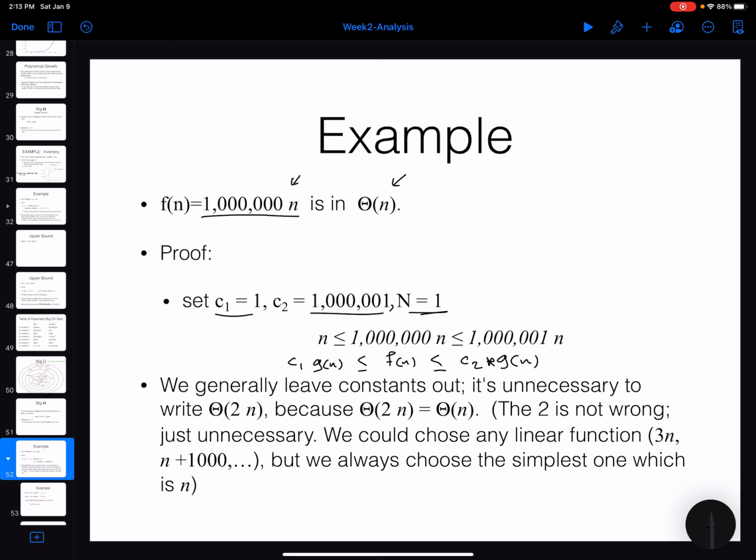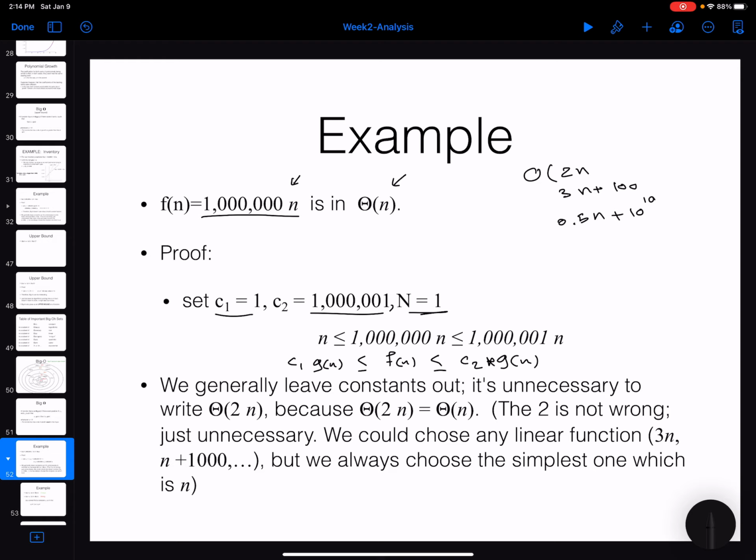Again, theta of n basically shows a set of functions. All those functions like 2n, 3n plus 100, 0.5n plus 10 power 10, all of these functions are going to have the same growth ratio.